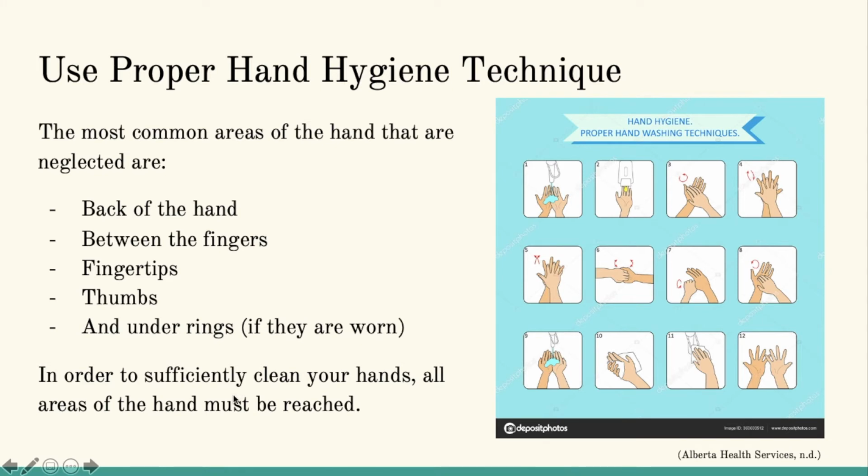So in order to sufficiently clean your hands, all areas of the hands must be cleaned. And you guys have all had your hand hygiene labs and all this stuff, but we all are very busy, and it's very important to stress proper hand hygiene.